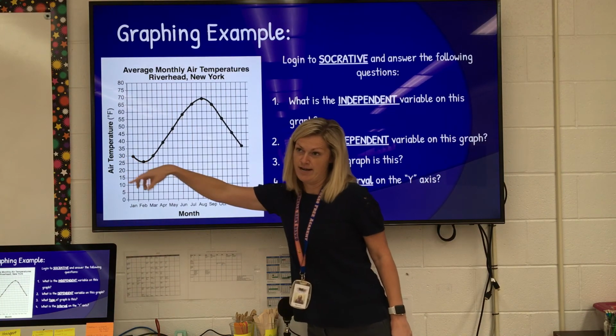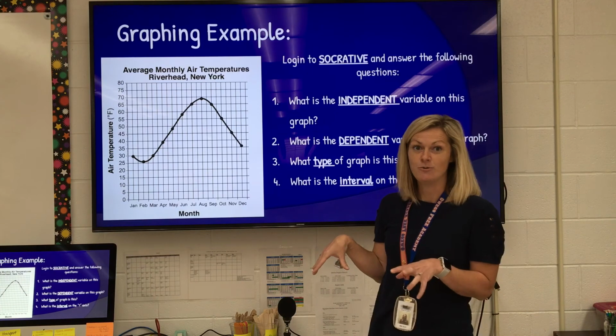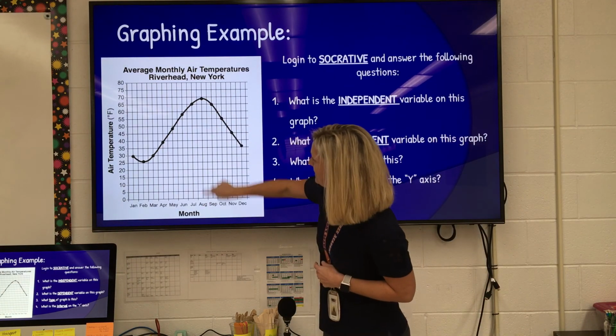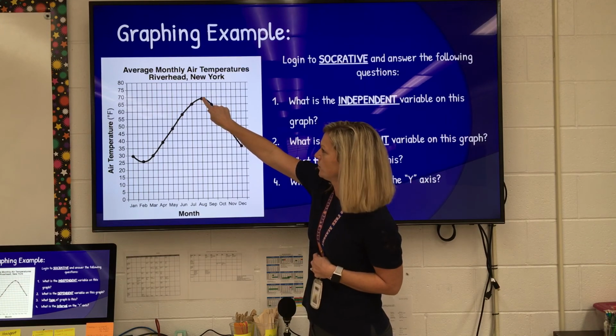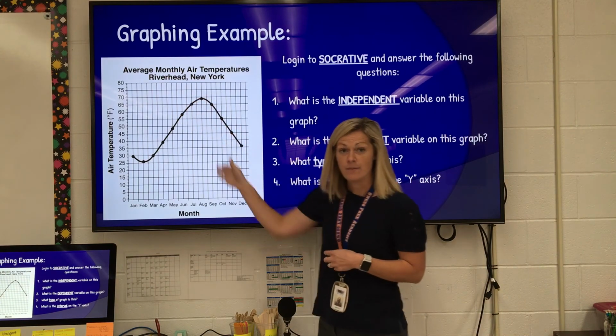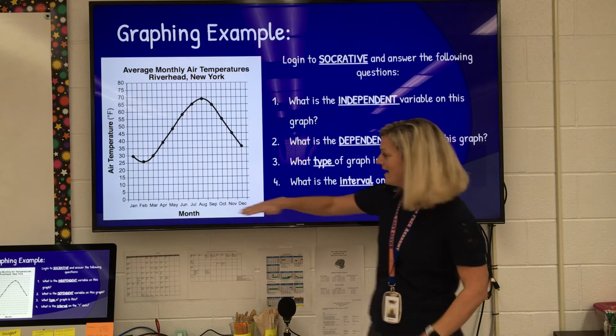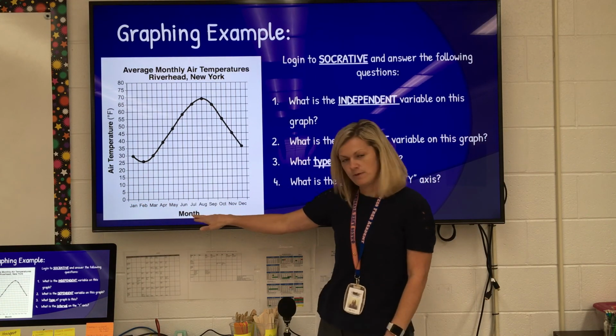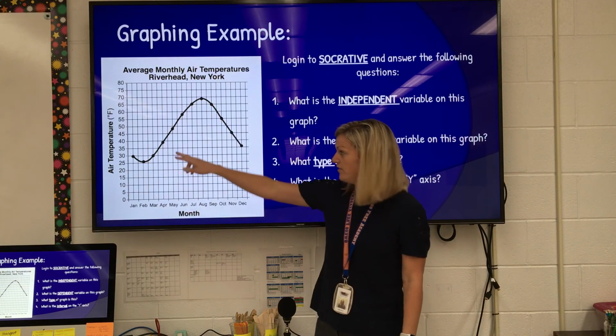That's our reading right now, and that was dependent upon the month of January, right? Whereas here we are in August, warmest temperature up here towards the 70s, that was dependent upon that month, right? Okay, so we got x-axis independent, y-axis dependent, and there we go with our variables, month and temperature.